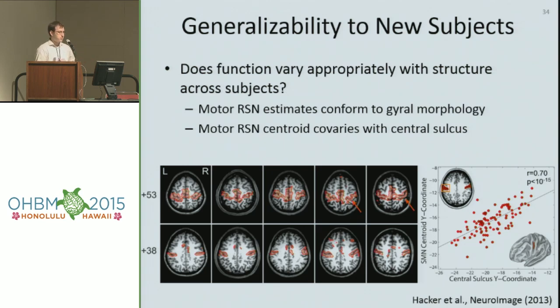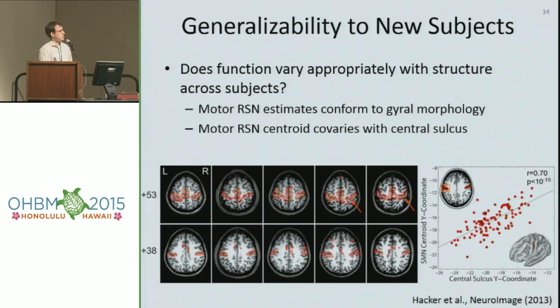So we asked, does function vary appropriately with structure across subjects? And we found that the topography of the motor RSN estimates conform to the gyral morphology of individual subjects. This means that it's really fitting this RSN to the spatial organization of each individual subject's brain.